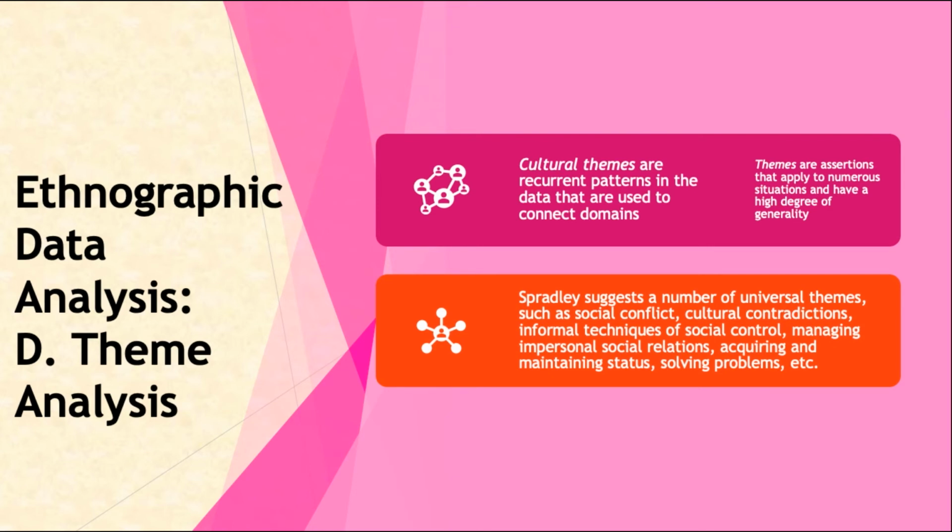Then we go to a general category. We put some other categories and put them in a cluster. Then we develop those themes. Spradley suggests a number of universal themes such as social conflict, cultural contradictions, informal techniques of social control, managing impersonal social relations, acquiring and maintaining status, solving problems, etc.